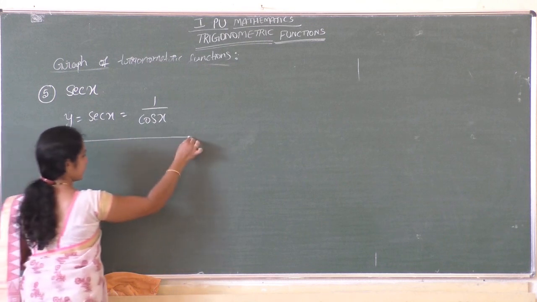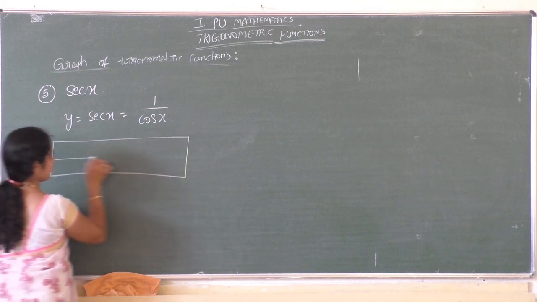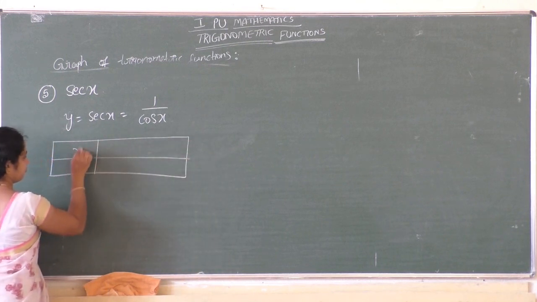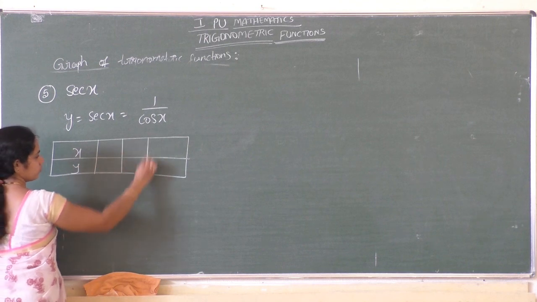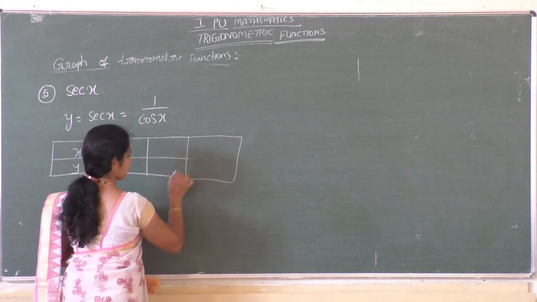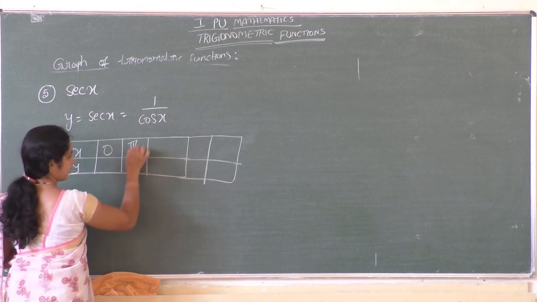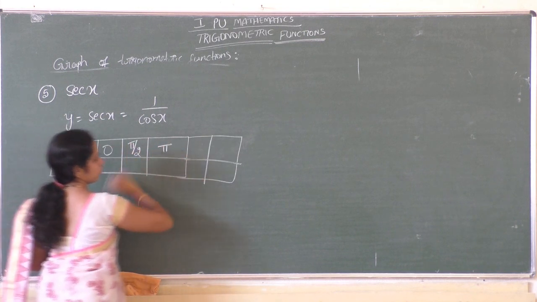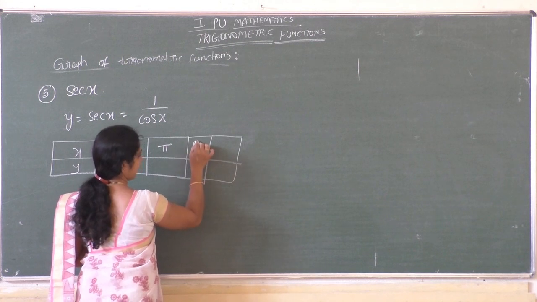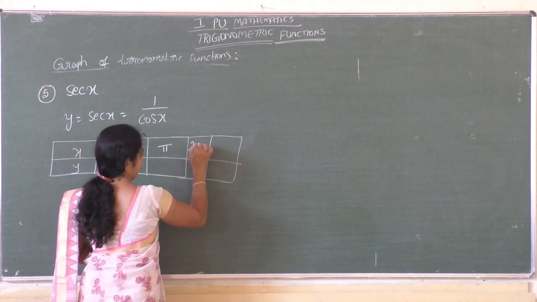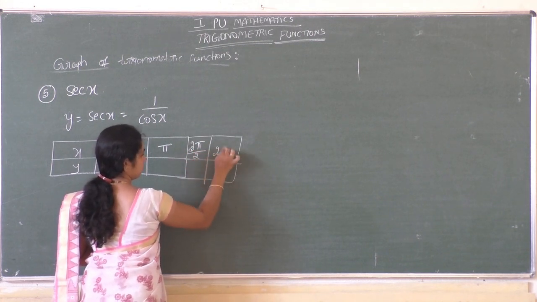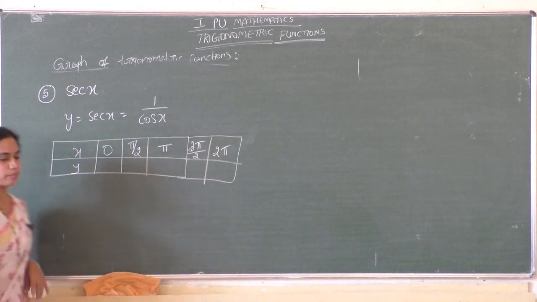Let us draw a standard table first. X and y values. If x is 0, we can take standard values, pi by 2, standard angles, pi, 3 pi by 2, 2 pi.